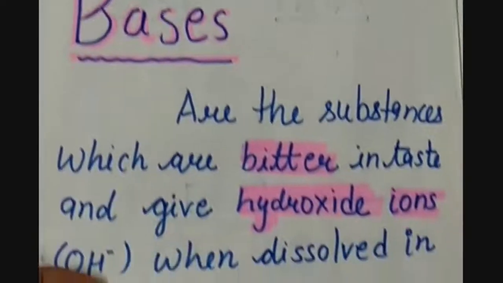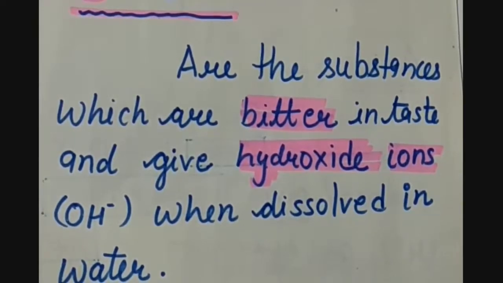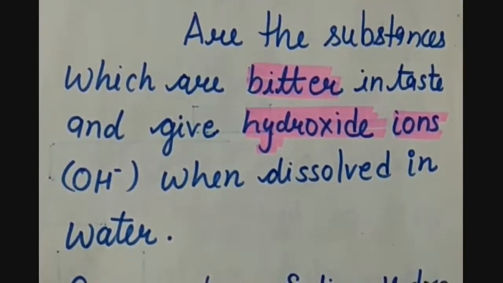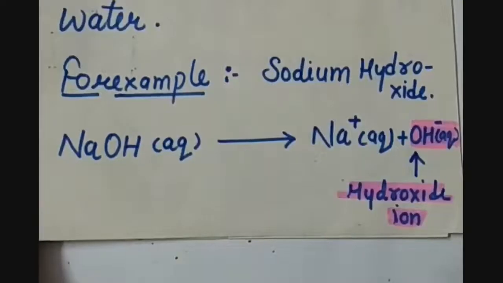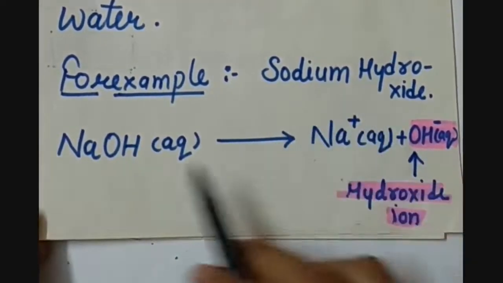Then what are bases? Bases are the substances which are bitter in taste and give hydroxide ion when dissolved in water. Hydroxide ion, that is OH negative. For example, sodium hydroxide, which is a base, NaOH.